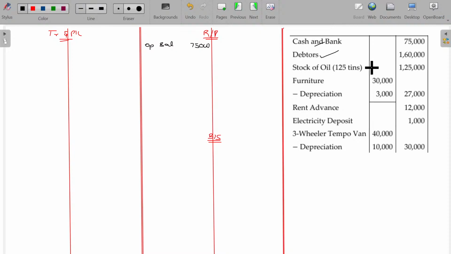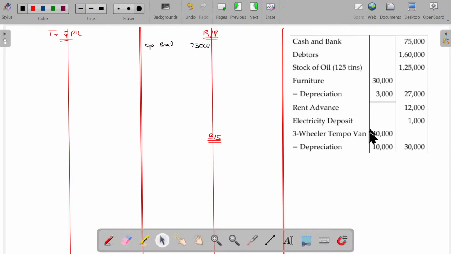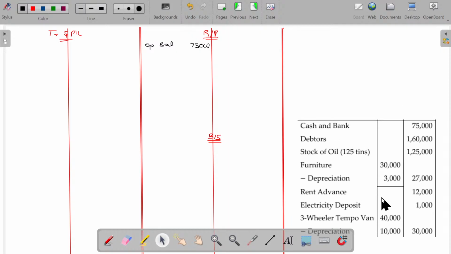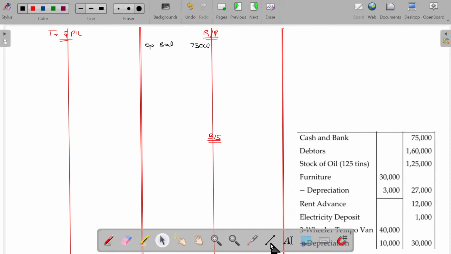It's better to open the debtors account also. So debtors and creditors accounts should be opened parallelly.